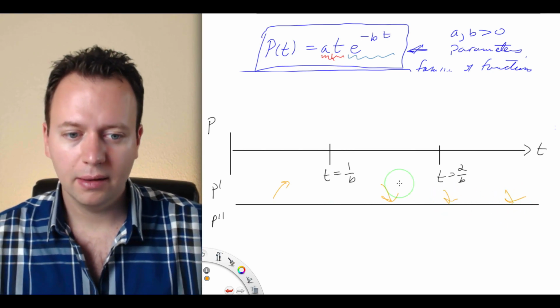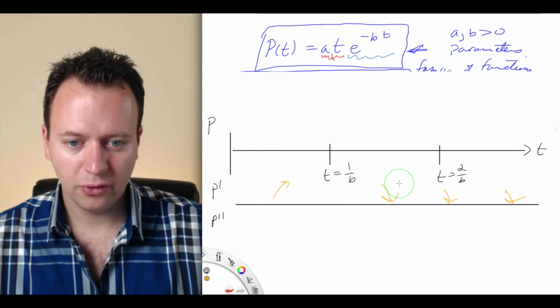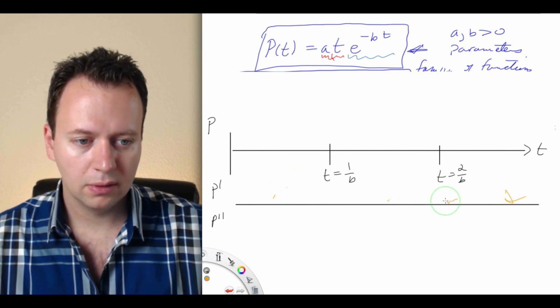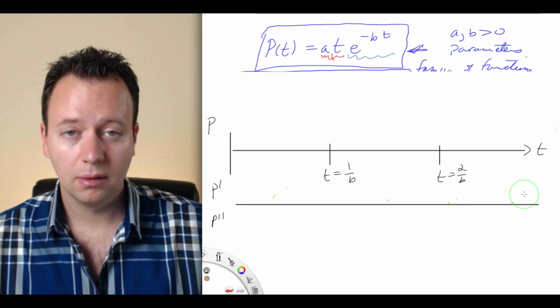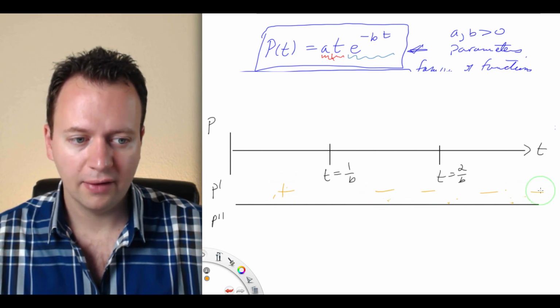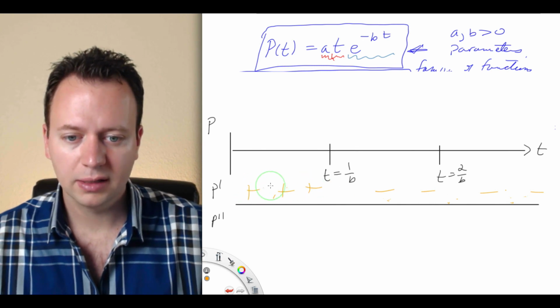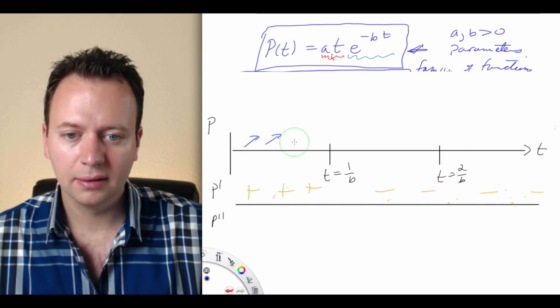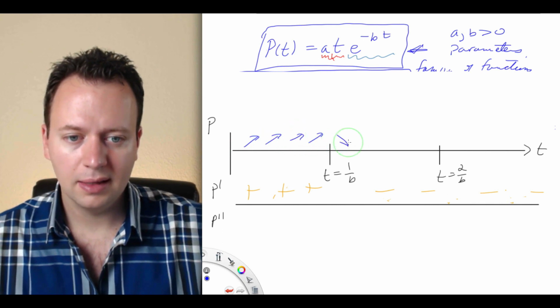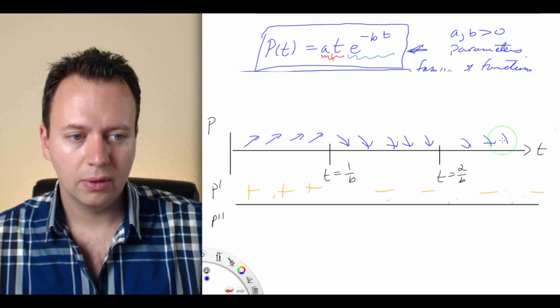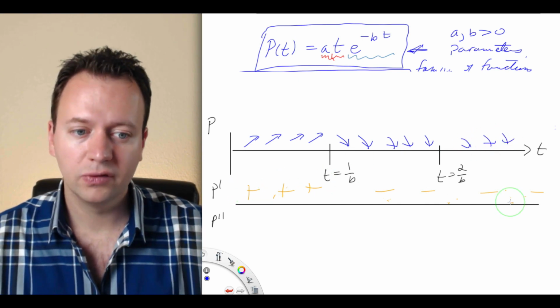So p, I'm drawing the symbol for increasing and decreasing. The derivative p prime was positive and then negative after this. That means that the function p is going to be increasing and then decreasing, because the derivative went from positive to negative.